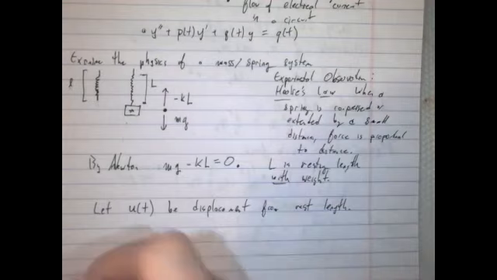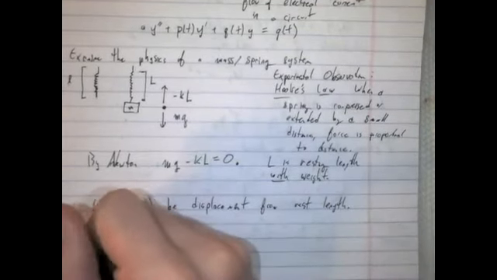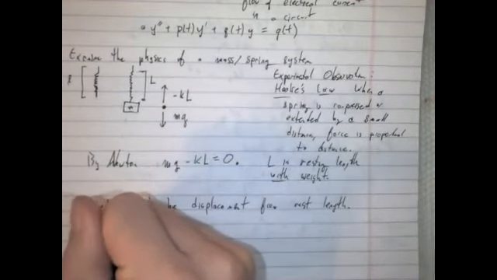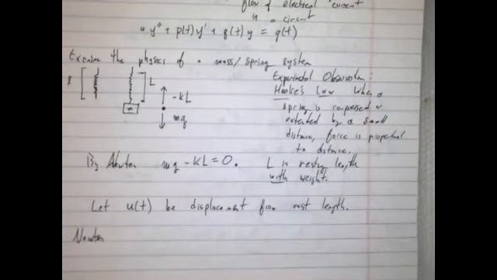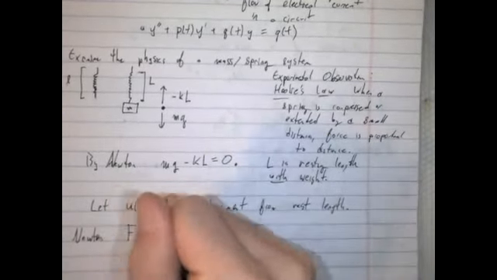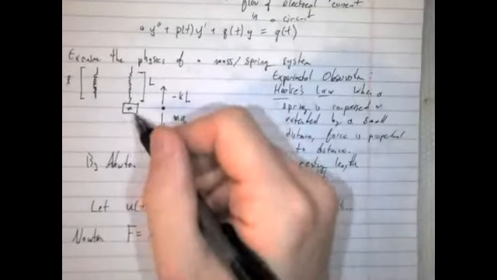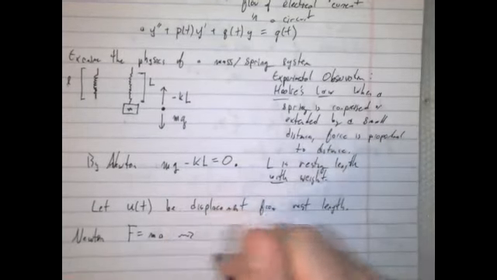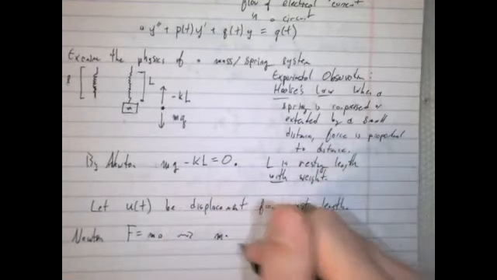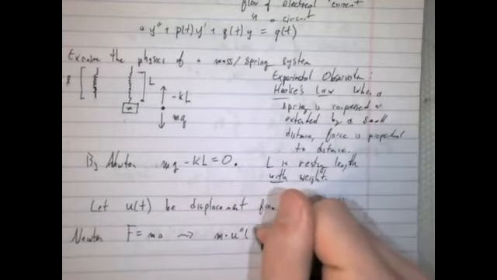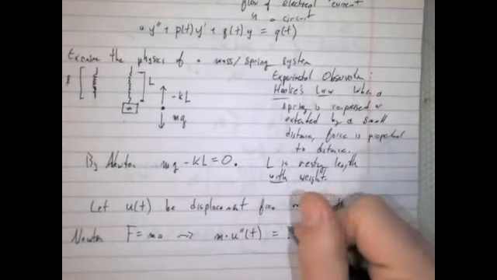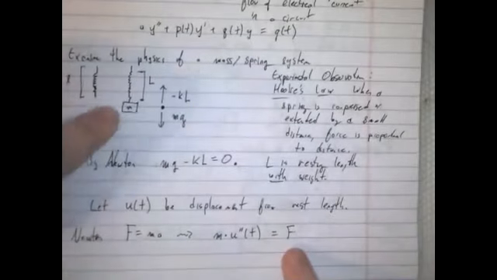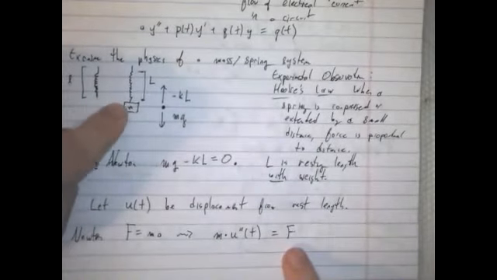Okay, so again by Newton's law, which says that force is equal to ma, the acceleration associated with u is just u double prime. So m times u double prime of t is equal to all of the forces that are acting on m.